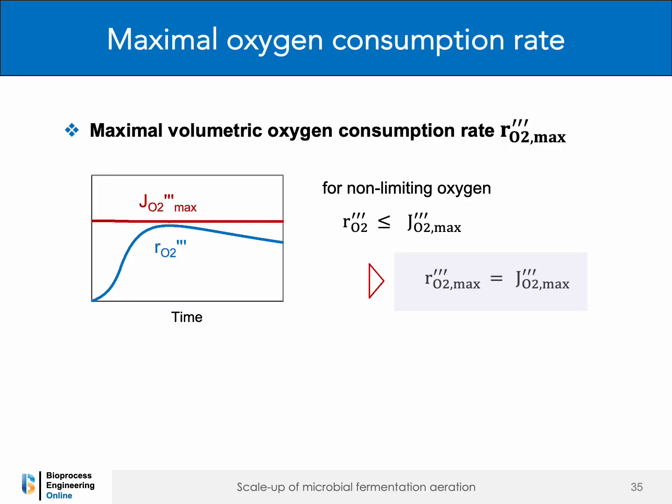Accordingly, the maximum allowable oxygen consumption rate, O2/3 max, is equal to the previously defined maximum oxygen transfer rate, JO2/3 max. Because large-scale fermenters generally exhibit a lower maximum usable oxygen transfer rate, they must be operated at a lower peak oxygen consumption rate to avoid oxygen-limiting conditions.